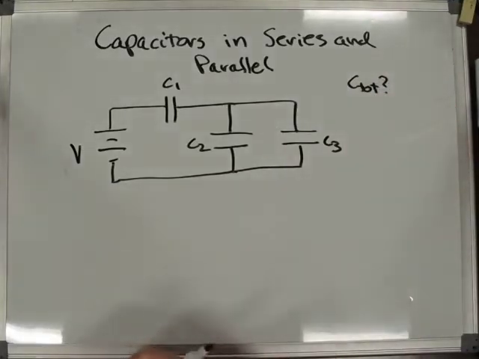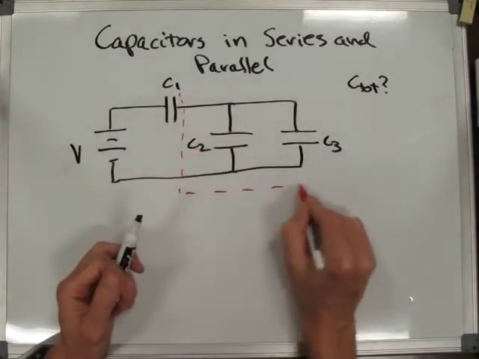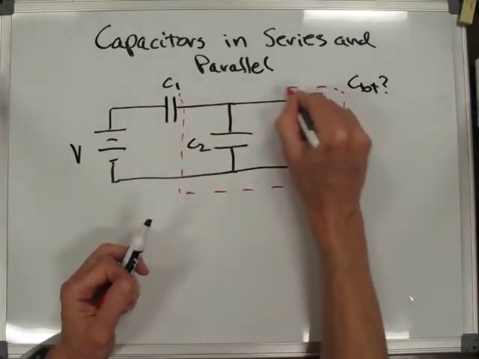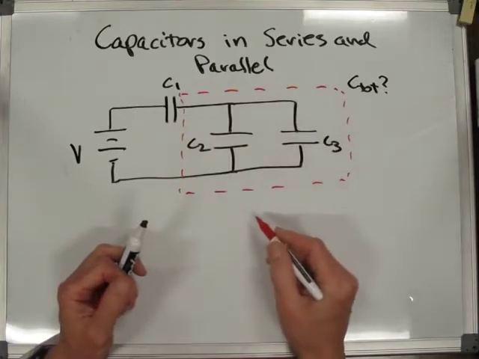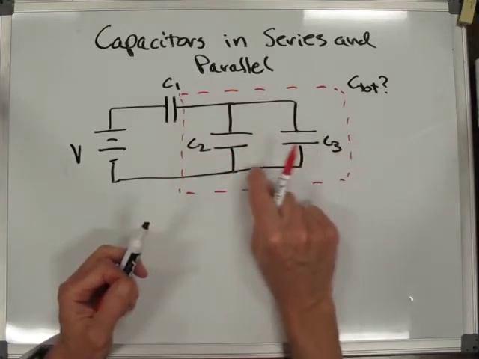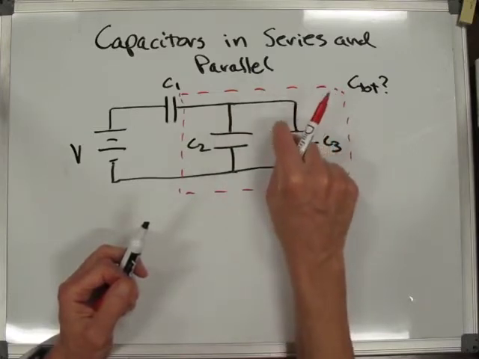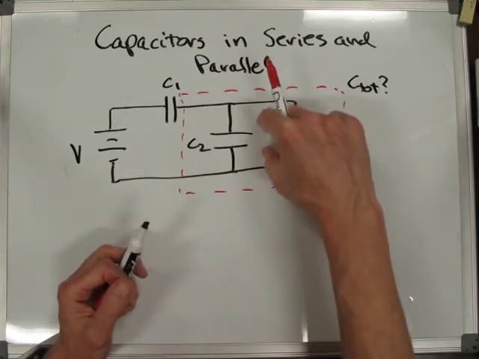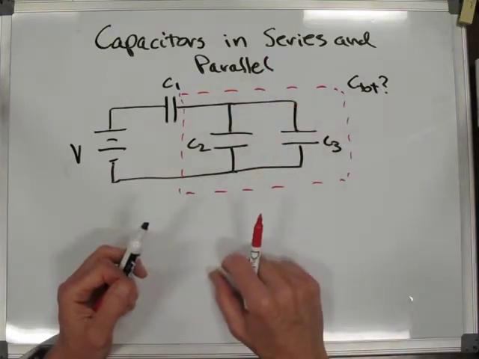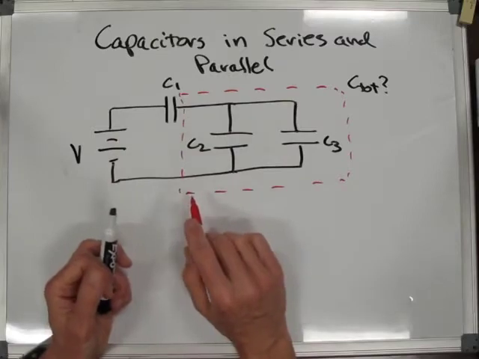Then we have to break it down. This section of the circuit is a parallel section. That is to say, the two bottom sides of these two capacitors are connected by a wire, and the two top sides are connected by a wire. That says that these two are in parallel. The current can go this way, or it can go that way.